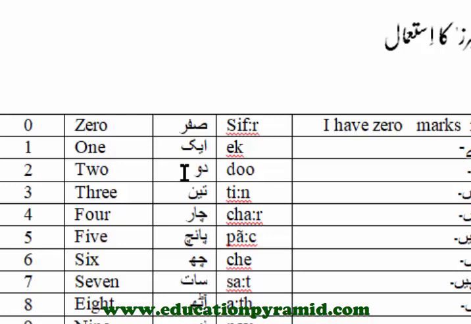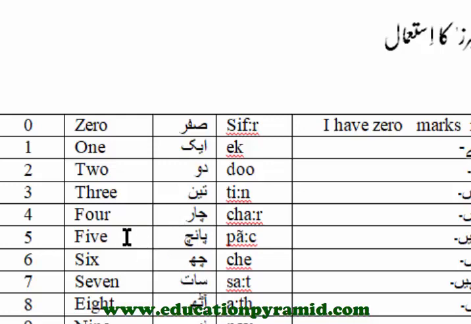For 2, do. For 3, teen, te, ye and noon. And for 4, char. So sifar, ek, do, teen, char.